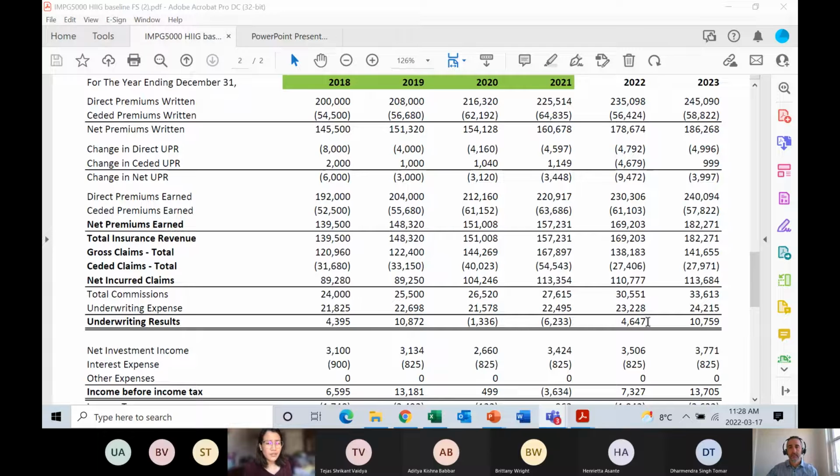One of the things we looked at, there's a big jump in the net premiums written from 160,000 to 178 and then 186. So what could be the factor here? They've decreased the ceded premiums. So they have decreased the reinsurance activity, and this way they were able to keep more premiums for the business. That could be a good thing for them.